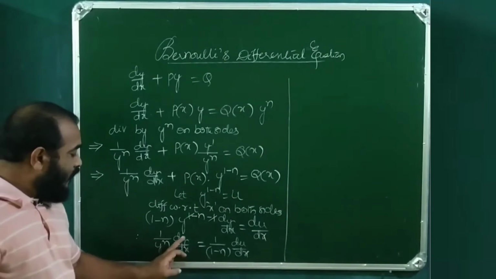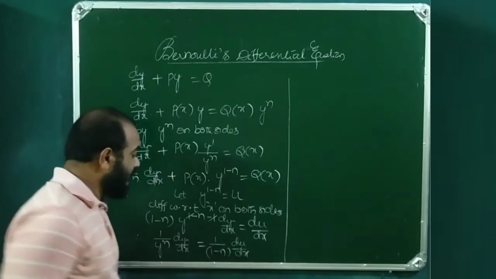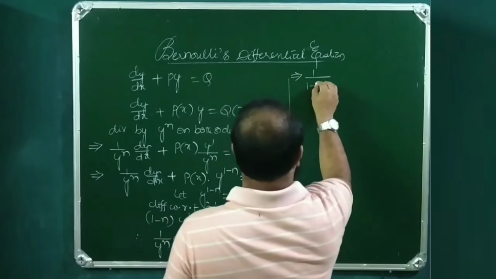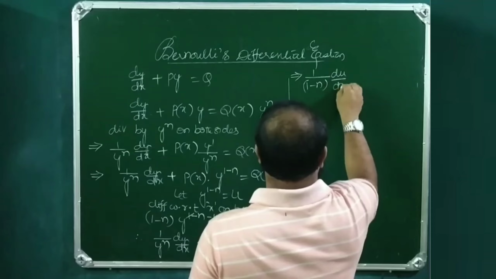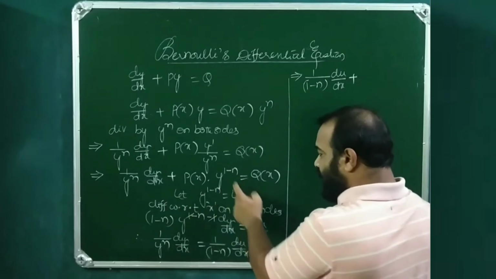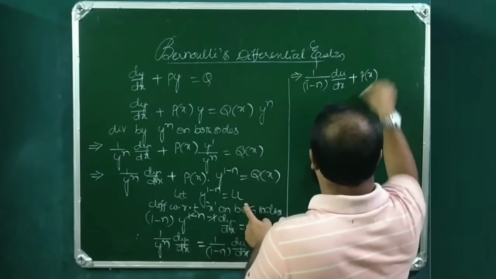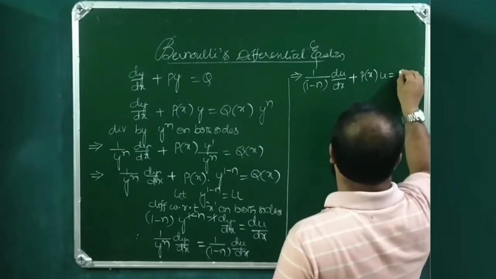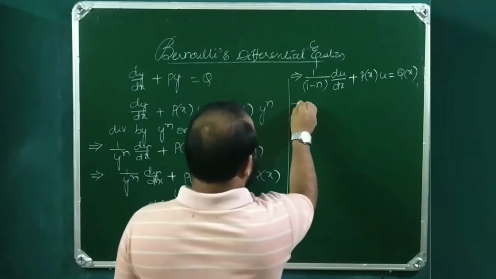Therefore, 1 by y power n into dy by dx can be replaced by this. This is equals to 1 by 1 minus n du by dx plus p of x into u, since y power 1 minus n is u as we have taken, is equals to q of x.